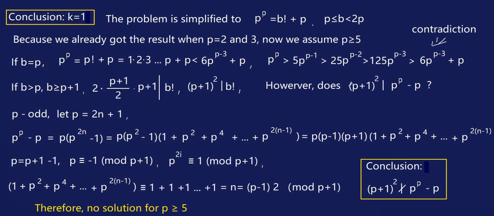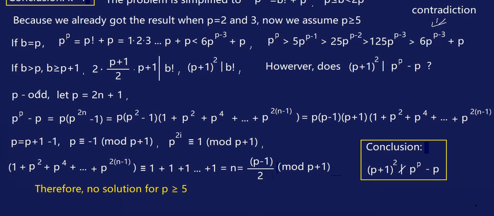However, does (p+1) squared divide p^p minus p? Because p is a prime, it is an odd number. We let p equal 2n plus 1, n an integer. Then p^p minus p equals p multiplied by (p^(2n) minus 1).